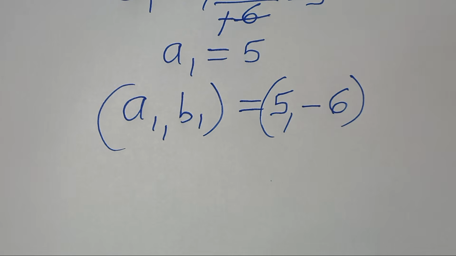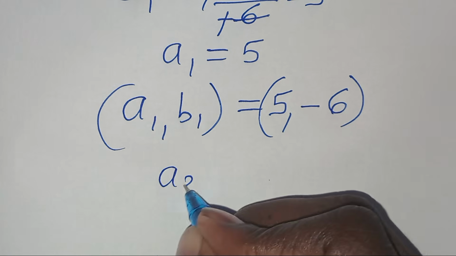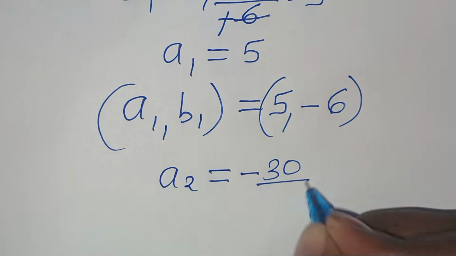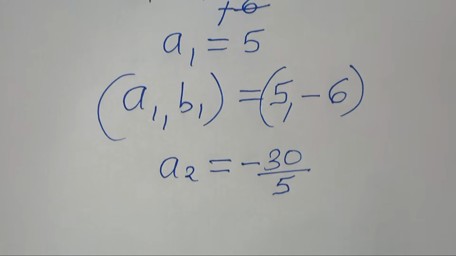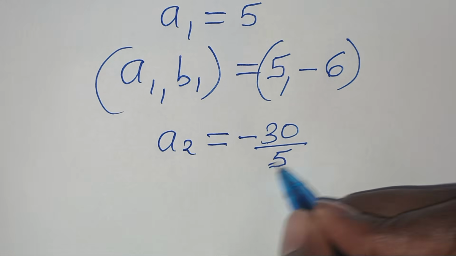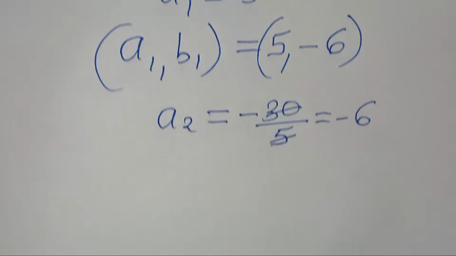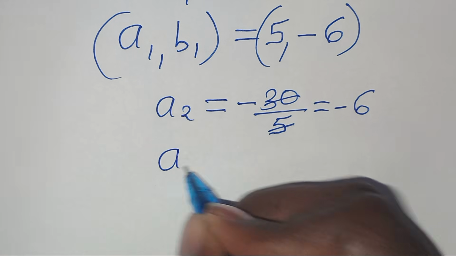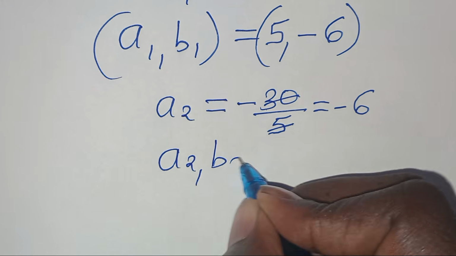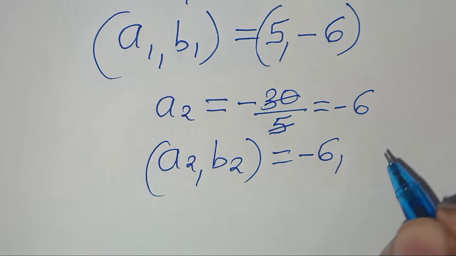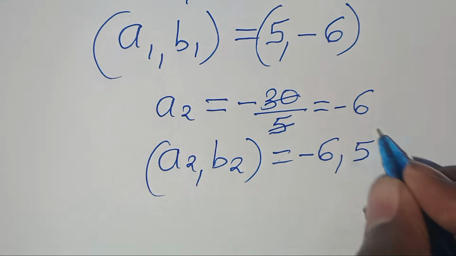Now let's solve for a2. a2 is equal to negative 30 divided by b2, which is 5. So minus 30 over 5 is equal to minus 6. So this implies that a2, b2 is negative 6, comma, 5.